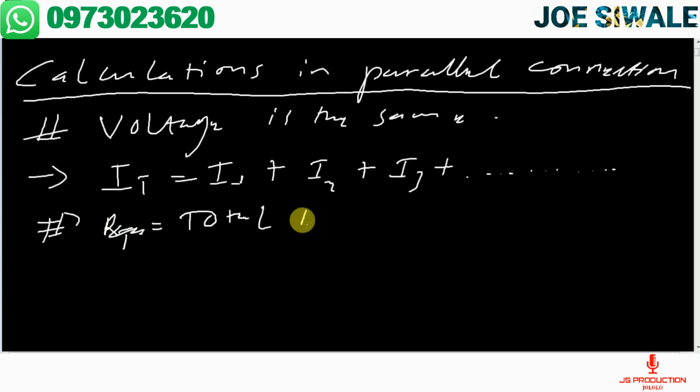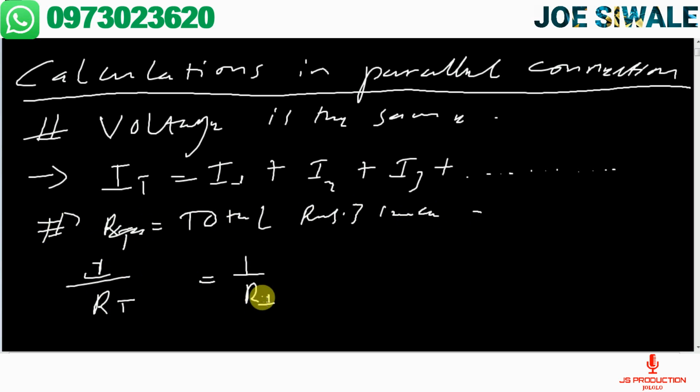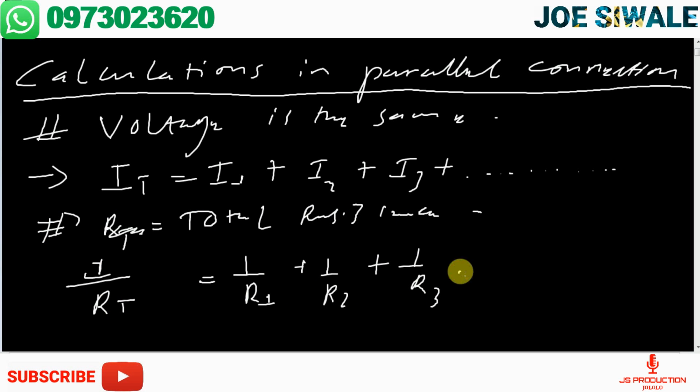You can either use this one: 1 over RT is equal to 1 over R1 plus 1 over R2 plus 1 over R3. You can continue adding if you have more resistance. Then you can also use this one.